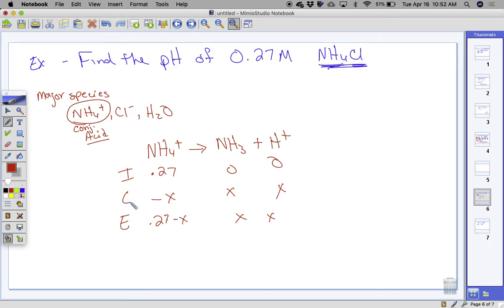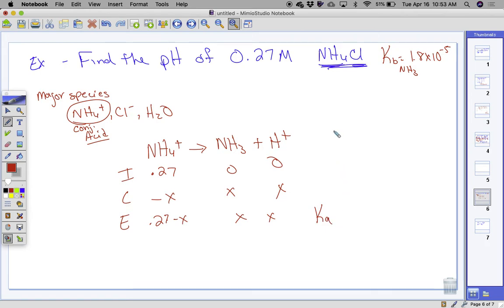And which K do I use? What they would give you in the problem is the Kb for NH3, 1.8 times 10 to the negative fifth. Can I use that? That's not in my reaction. That's not what I started with. What did I start with? The acid. So I need to set my equilibrium expression equal to Ka.